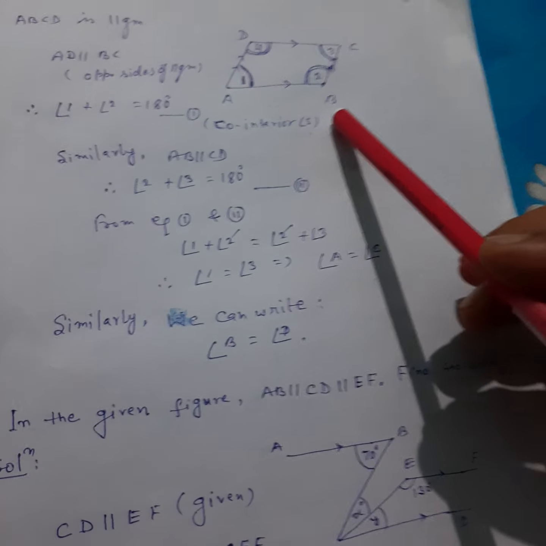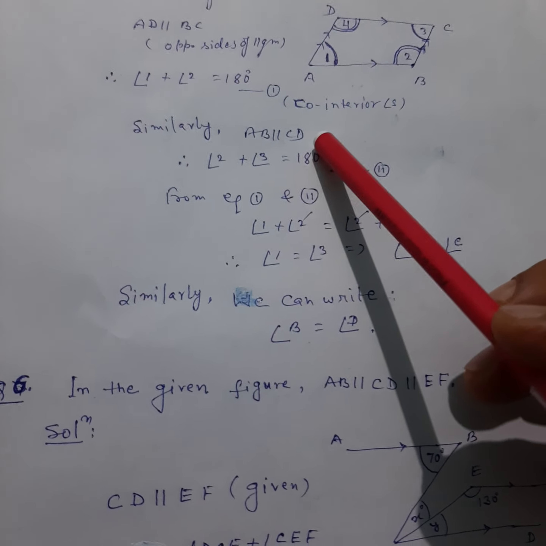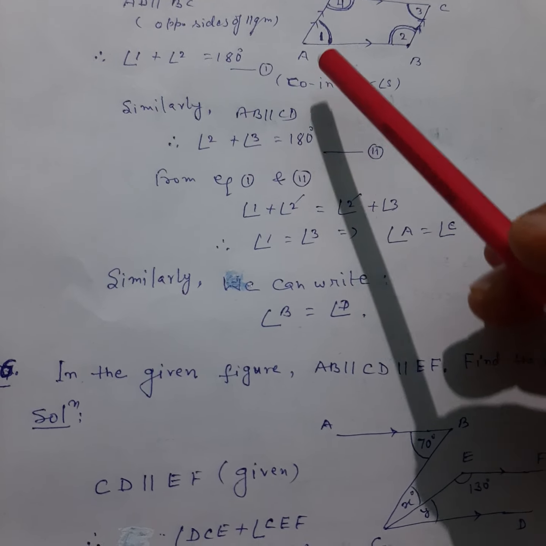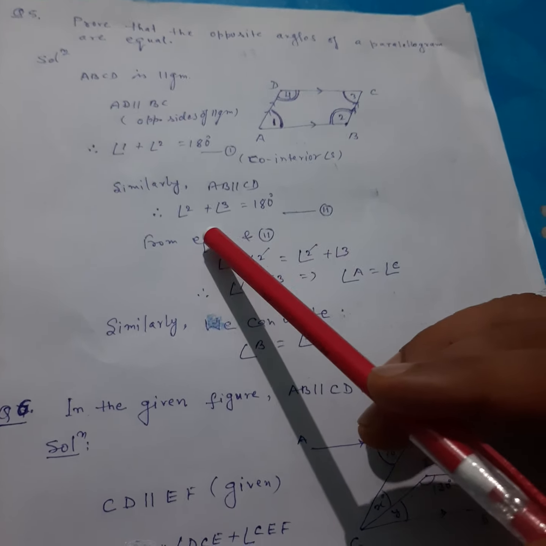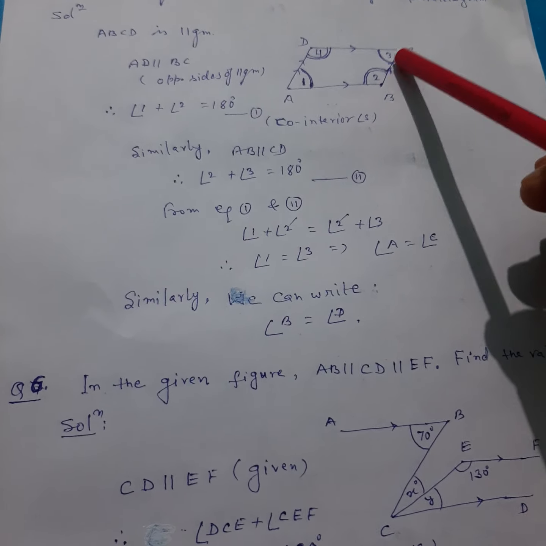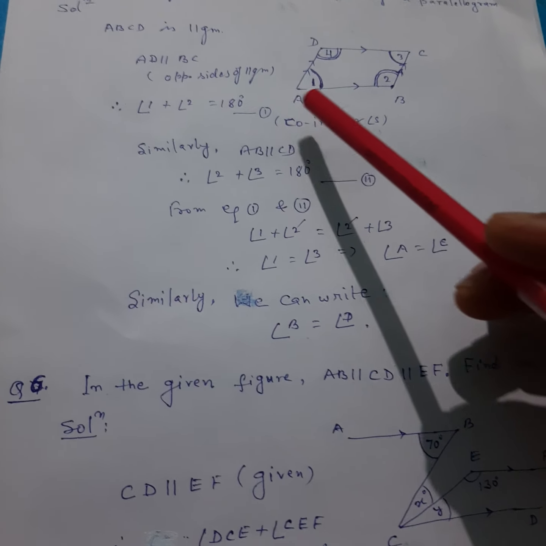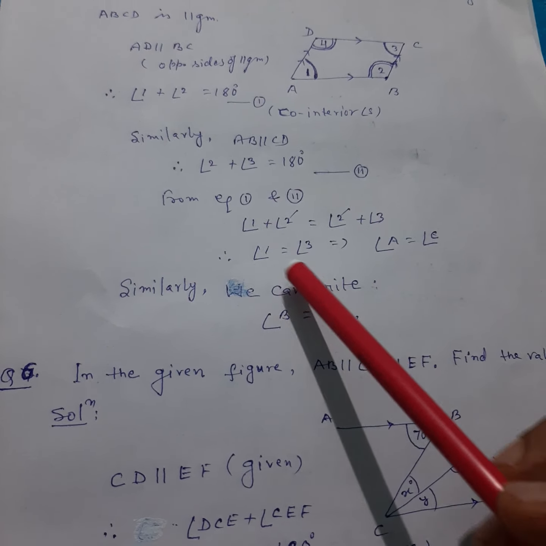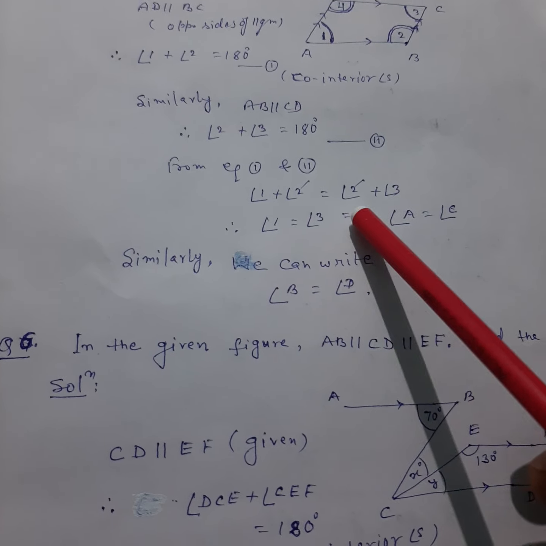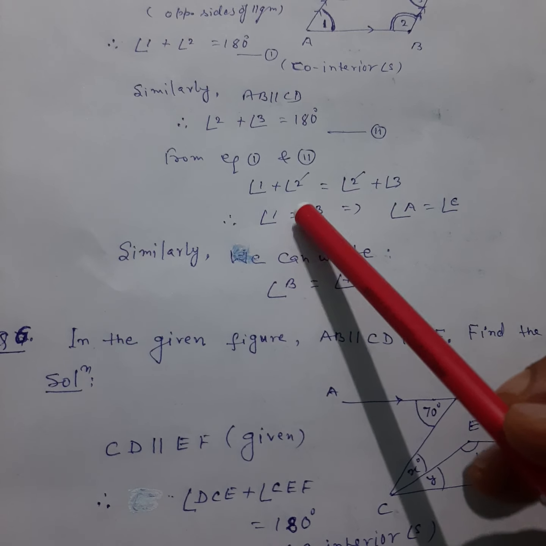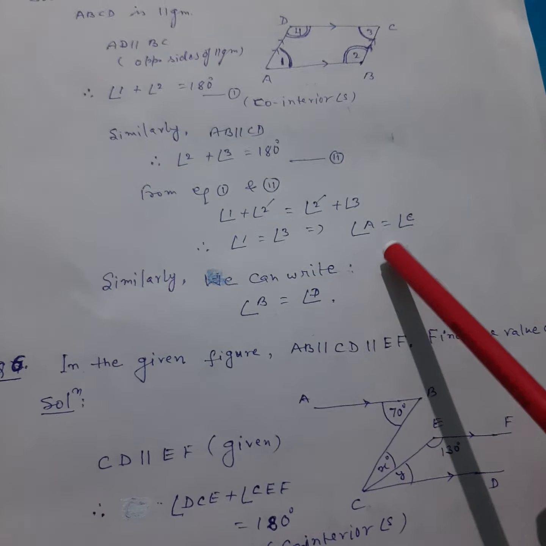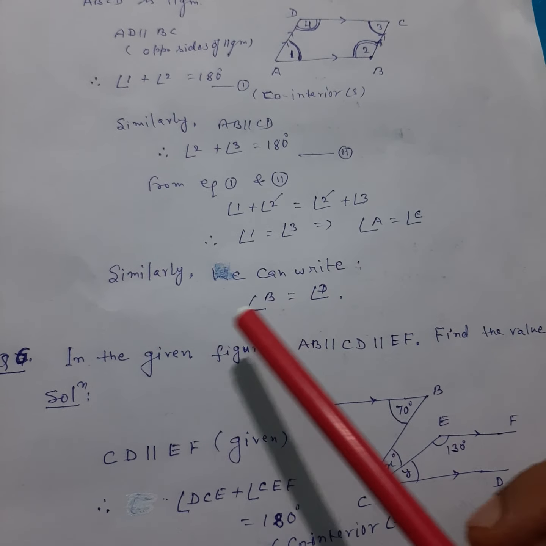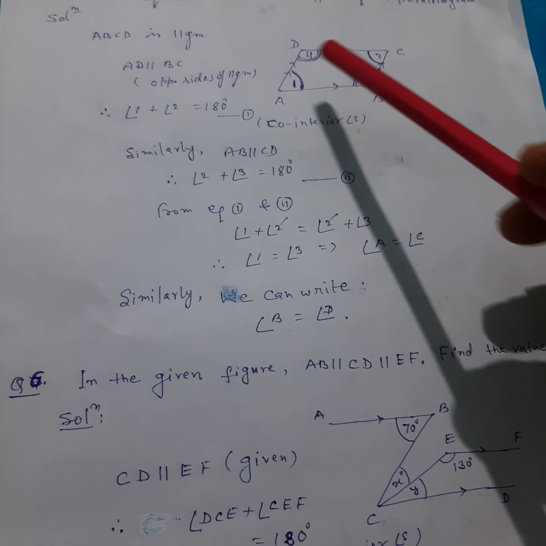Similarly, AB is parallel to CD, so angle 2 plus angle 3 equals 180 degrees. From equations 1 and 2, 1 plus 2 equals 2 plus 3. 2 cancels, so 1 equals 3, that is angle A equals angle C. Similarly, we can write angle B equals angle D.